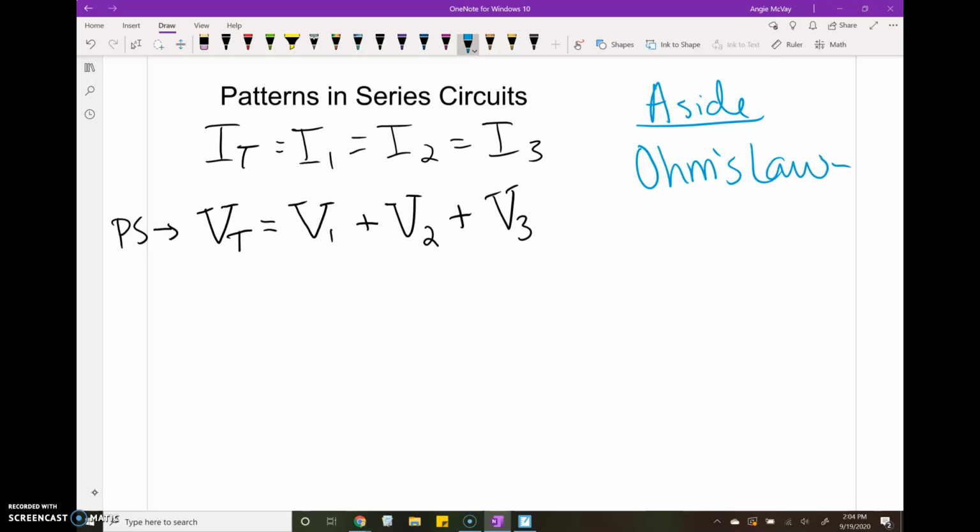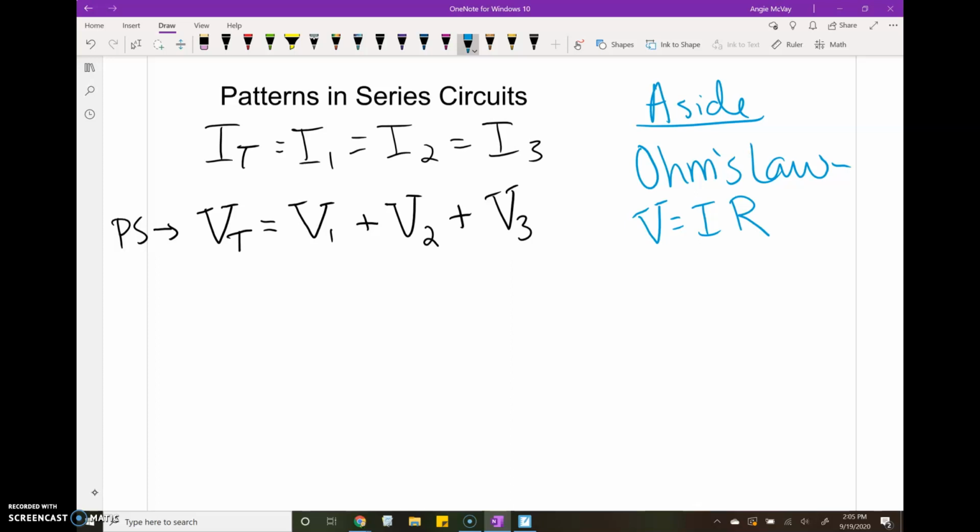So Ohm's law says that in any circuit or across any light bulb or resistor, Ohm's law follows V equals I R. So voltage equals current times resistance.